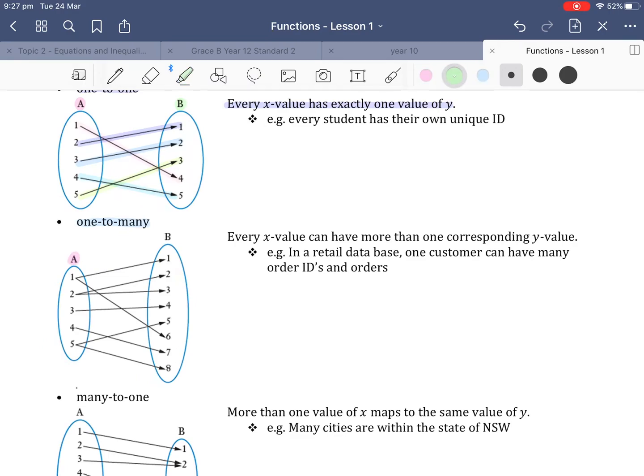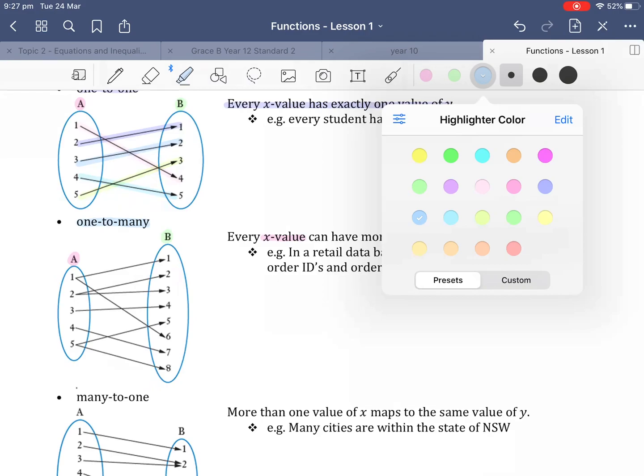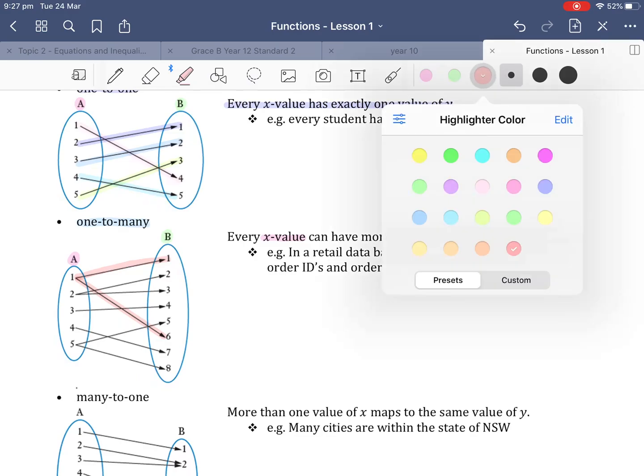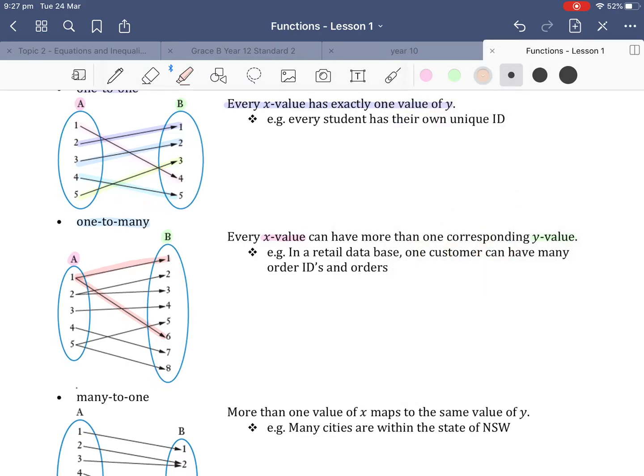So for one-to-many, we have that our A is our x, and we have that our B is our y. So every x value can have more than one corresponding y value. So for our x value of 1, for example, our x value of 1 has 2 y values. It has 1 and 6.